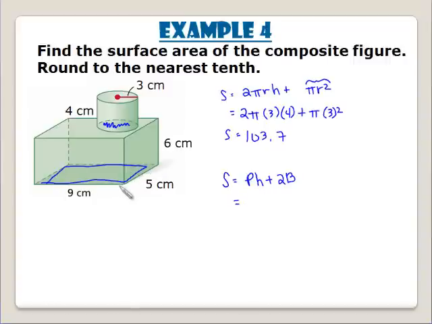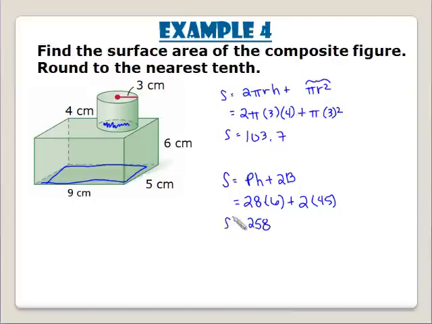So 9 plus 5 plus 9 plus 5 is 28. The height of my prism is 6. And then 2 times the area of the base, so 9 times 5 is 45. Okay, so 28 times 6 plus 2 times 45 gives me 258.